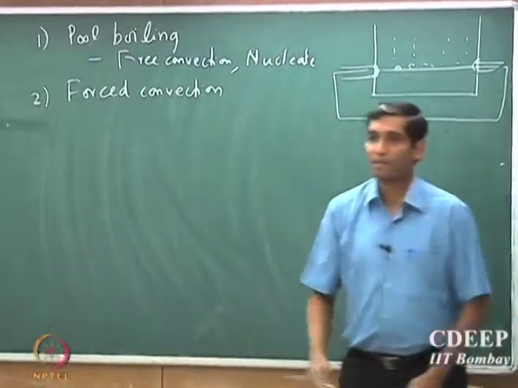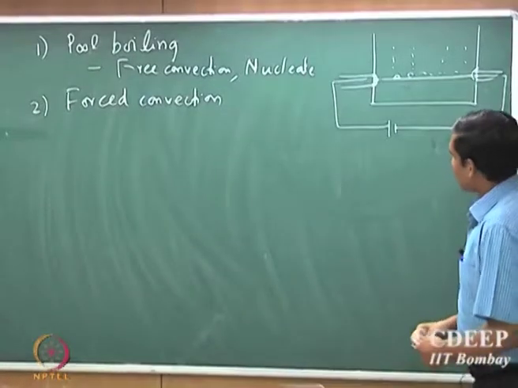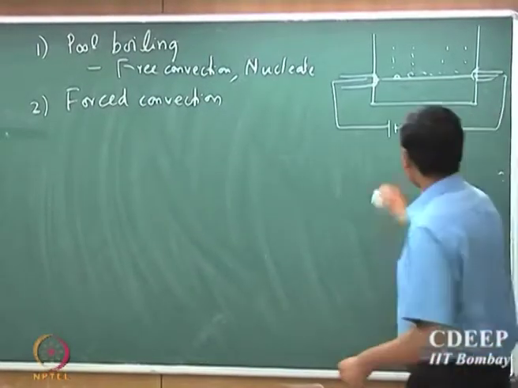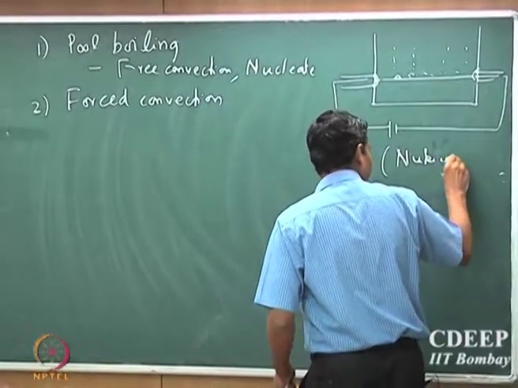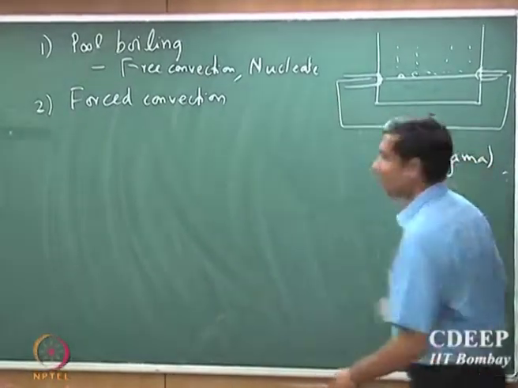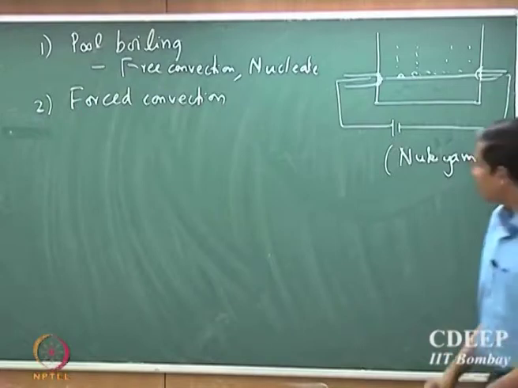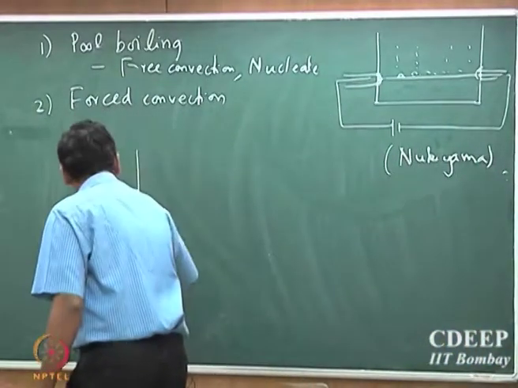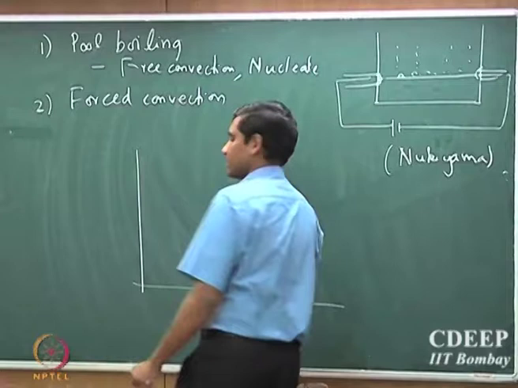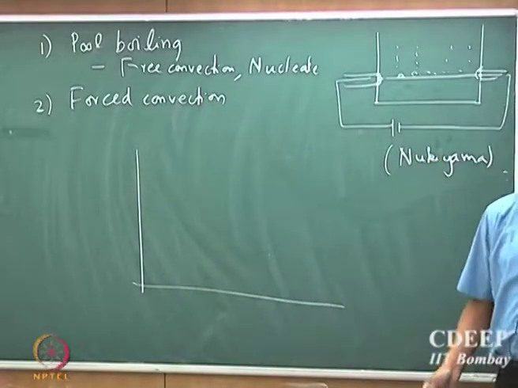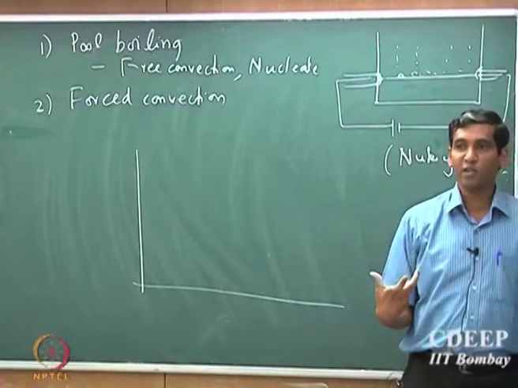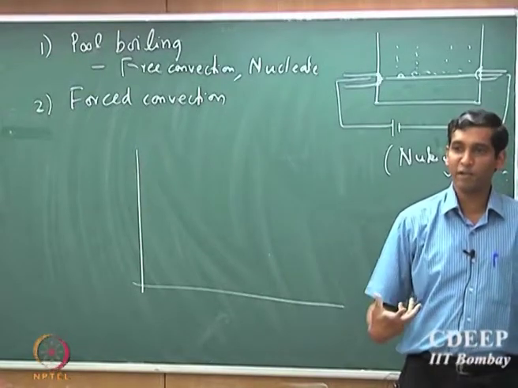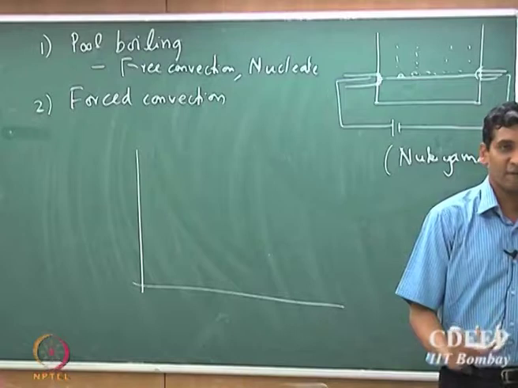Nucleate pool boiling. So, this experiment was done by a person named Nukiyama. Because it's a very controlled experiment, you can find out the net flux of energy that was transported to the fluid.